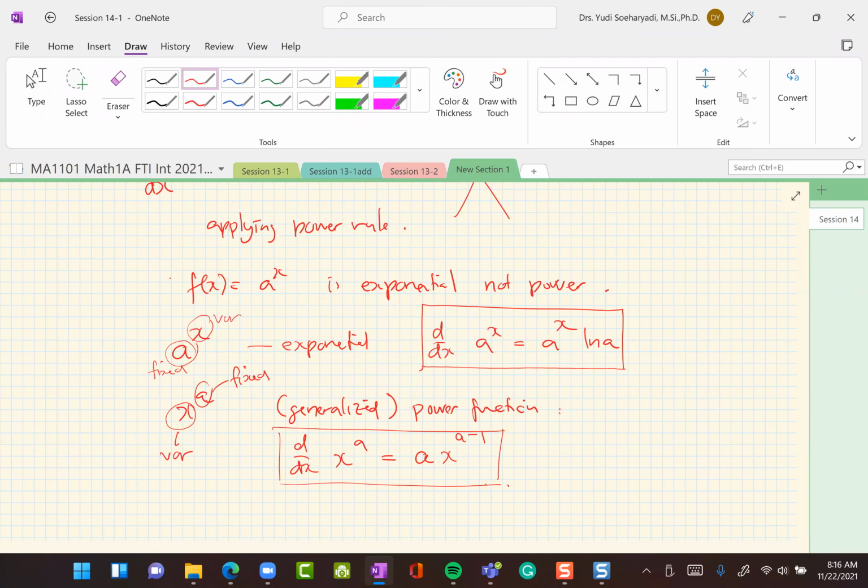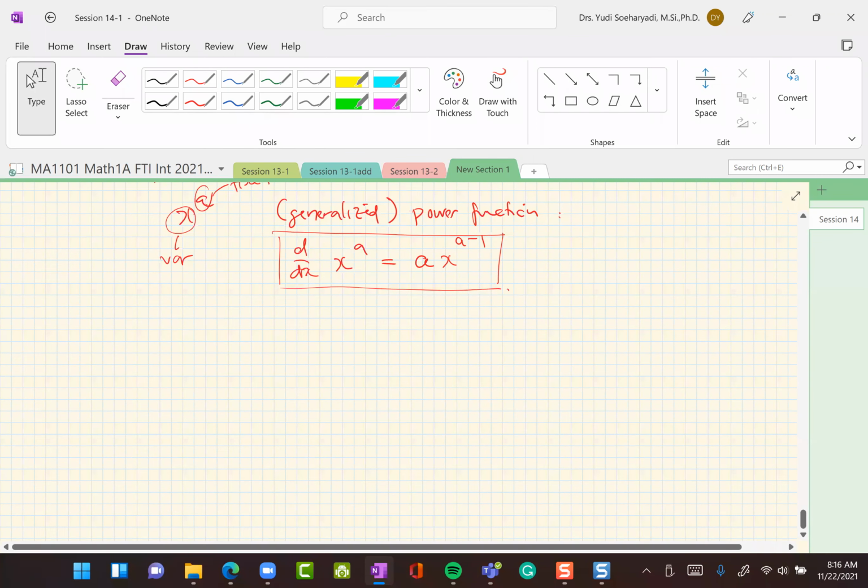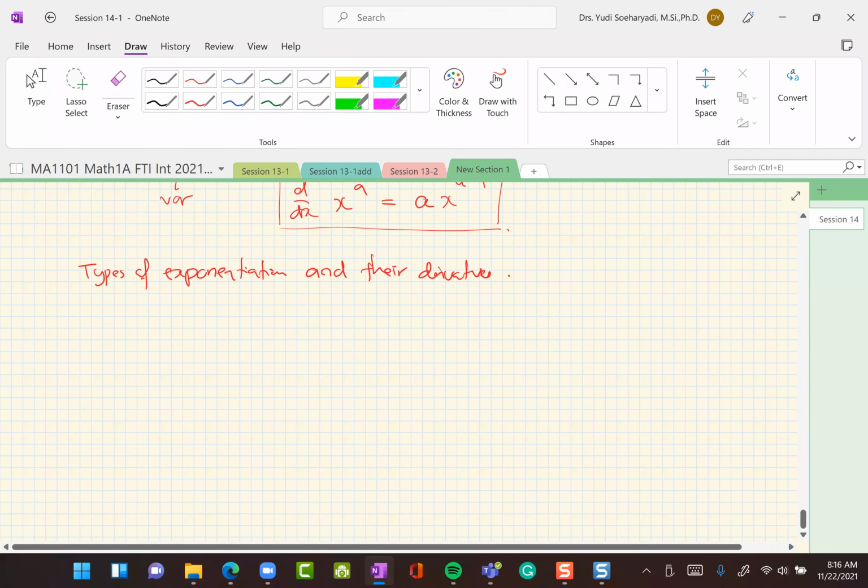Okay. So I would like to say types of exponentiations and their derivatives. Let me make it a table: type and derivative.